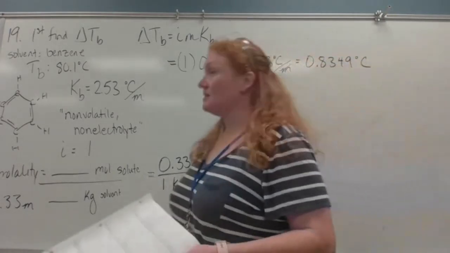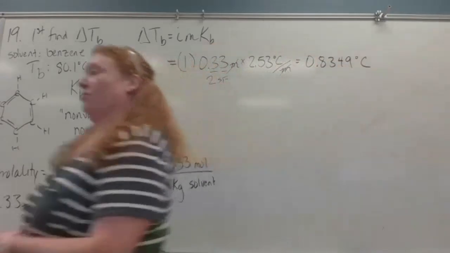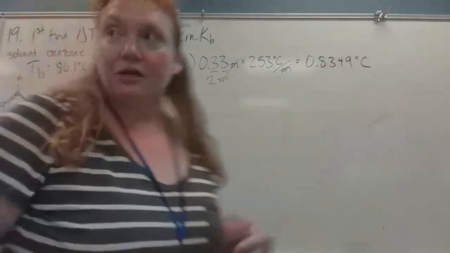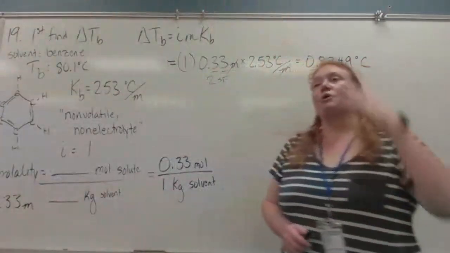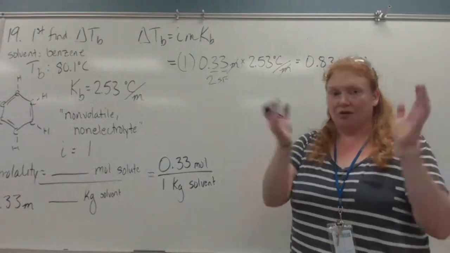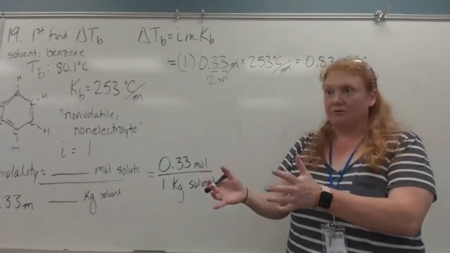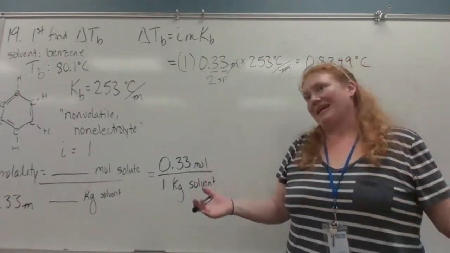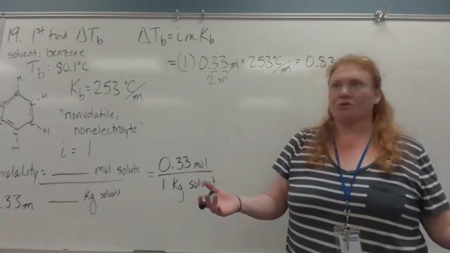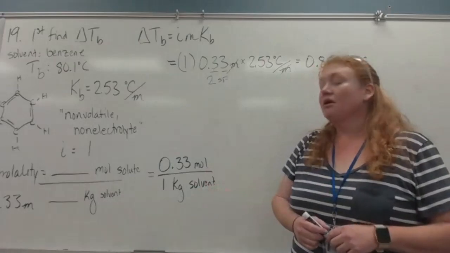What about the number of particles? Oh, that's an exact number. This is a good point. The number of particles that are formed, if we're just estimating that number by saying covalent just makes 1 particle, that's a counted number. I counted how many particles it was going to make. Counted numbers, we don't count towards sig figs.